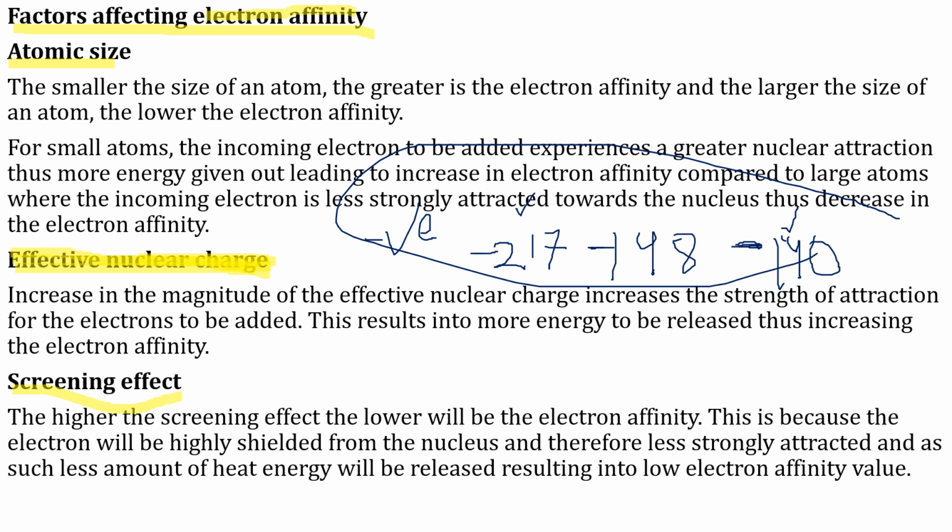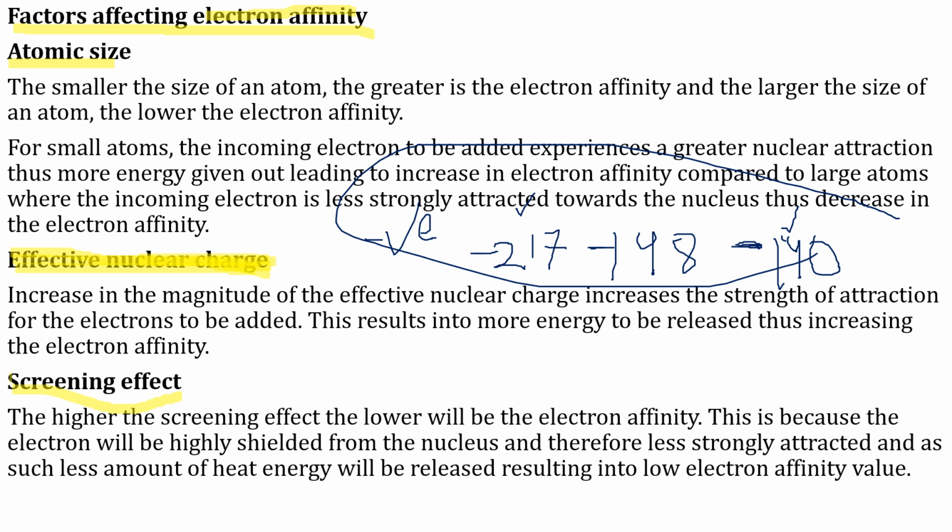The more it's attracted, the more energy is released, and the higher the value of electron affinity. However, if the effective nuclear charge decreases, the incoming electron is going to be less attracted to the atom, and once it's less attracted, less energy is going to be released. So we expect electron affinity to be correspondingly low.